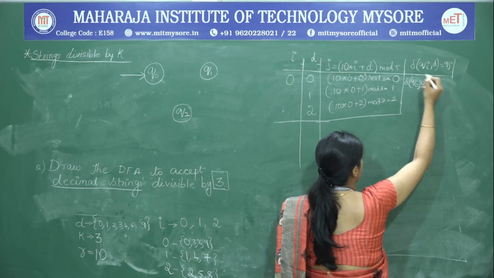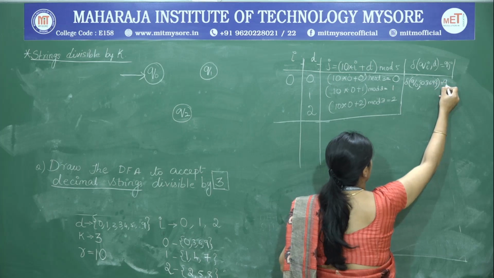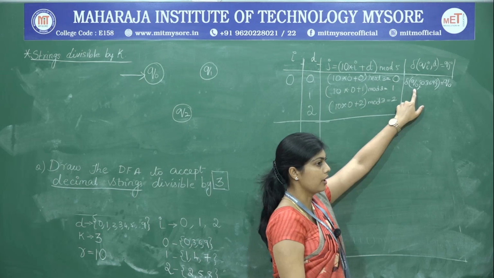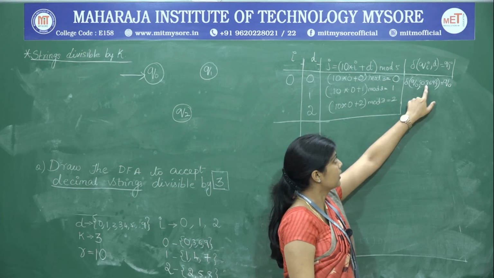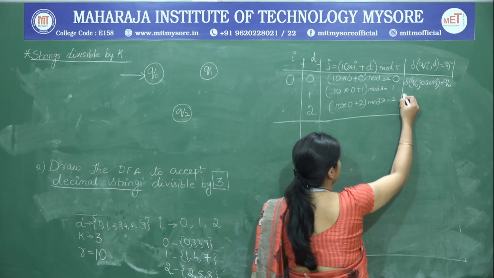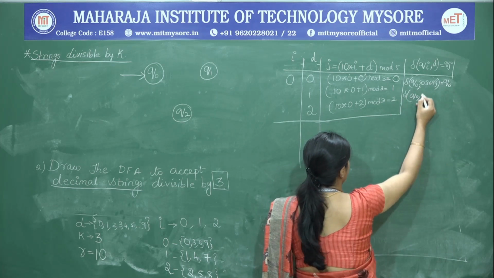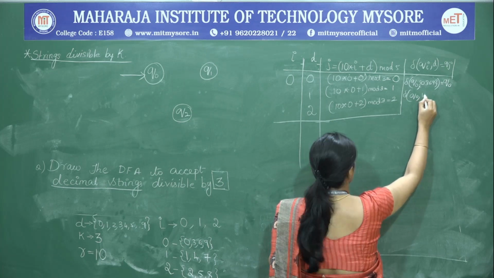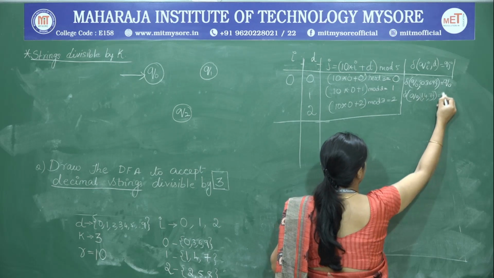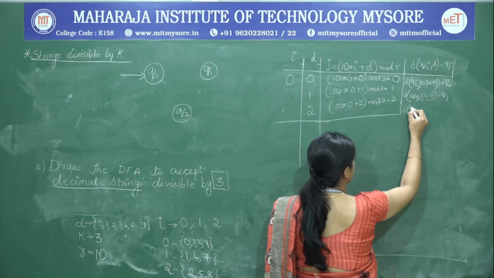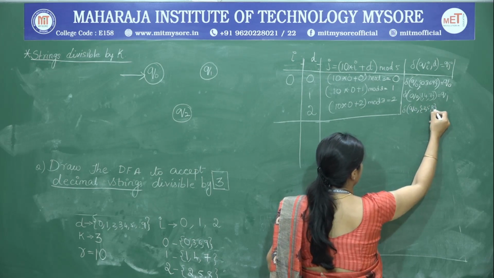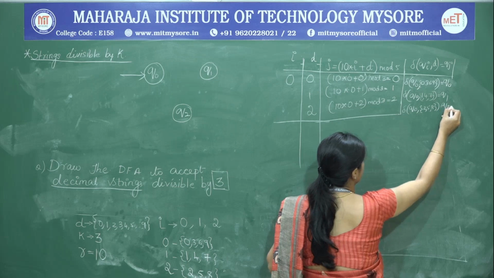These are the input symbols, and they all go to q0. So from a source state, on the input symbols 0, 3, 6 and 9, you go to q0. Similarly, on 1, 4, 7 you go to q1. Delta of q0 comma 2, 5, 8, we go to q2.